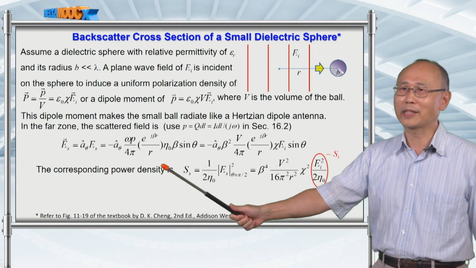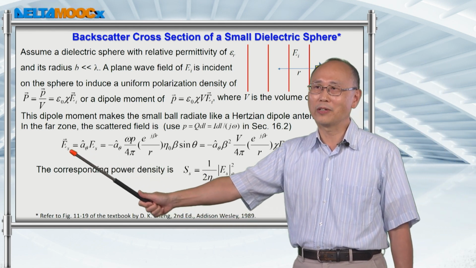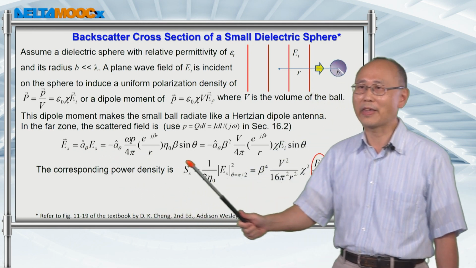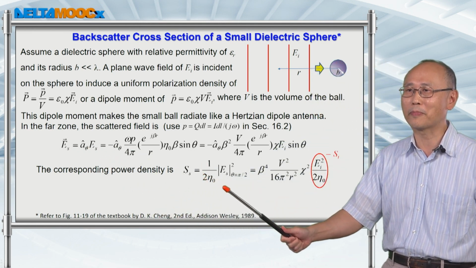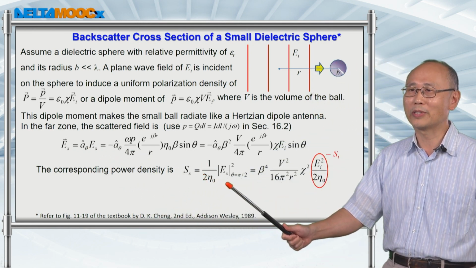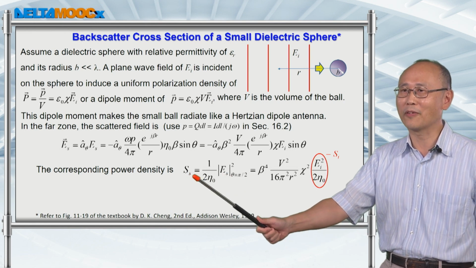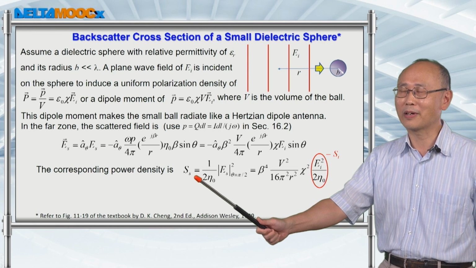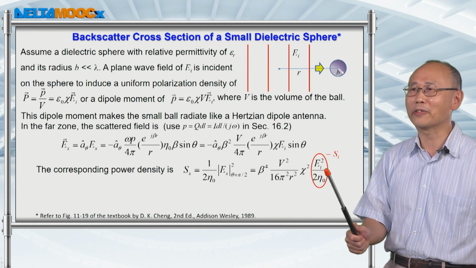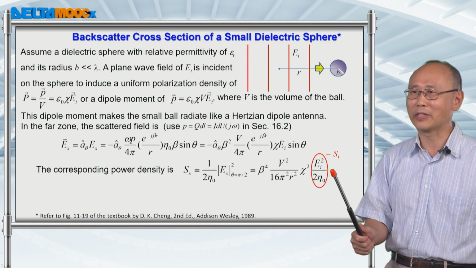And if you have a field from an antenna, you can calculate the power density given by this expression. With this calculation, you relate the power density of the scattered radiation to the power density of the incident radiation.